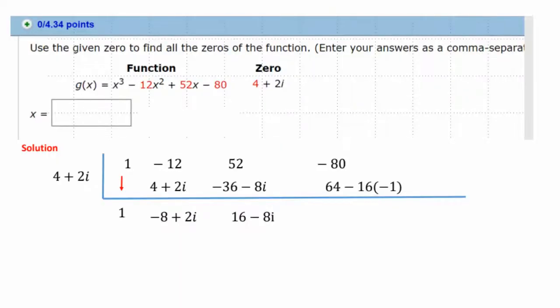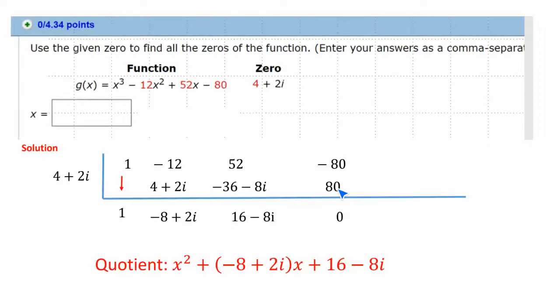Okay, so if we simplify, then we're going to end up with 80. And so negative 80 plus 80 is 0. And I know I should have gotten a 0 here because they told me that this was a 0. If you don't get a 0 here, then we did something wrong in our multiplication or addition.